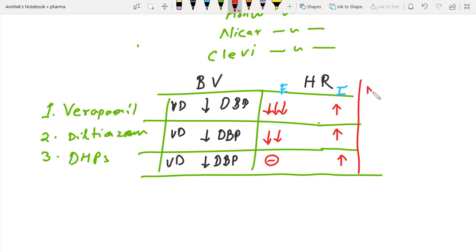So the net result: heart rate can be decreased twice by verapamil, decreased once by diltiazem. By dipines, they do not decrease, they increase heart rate.